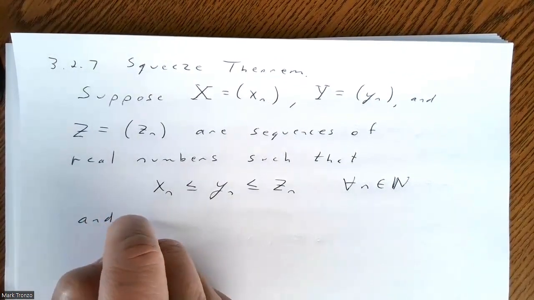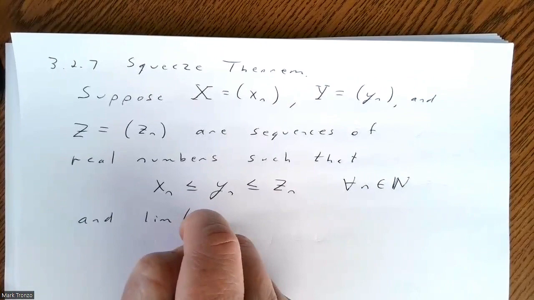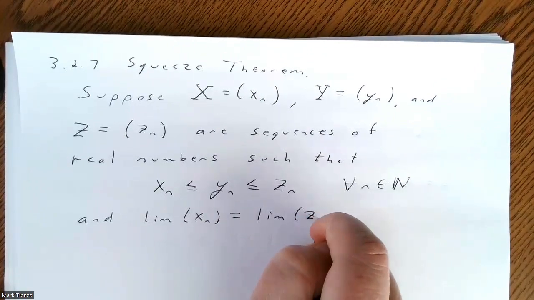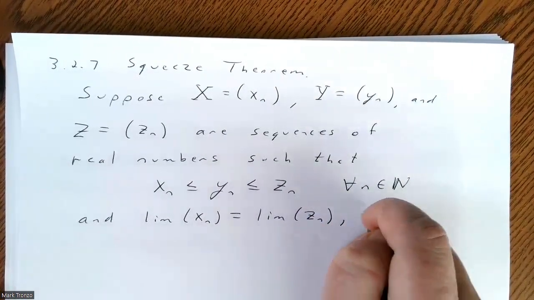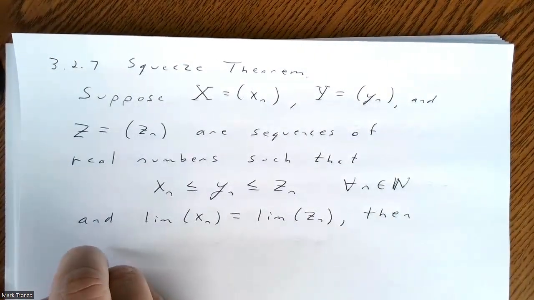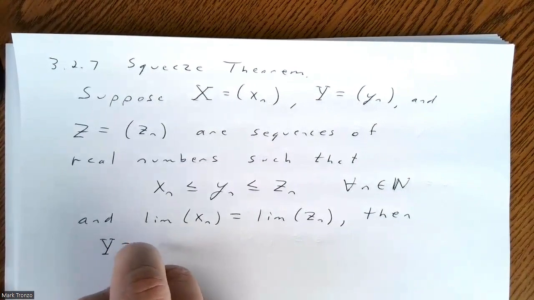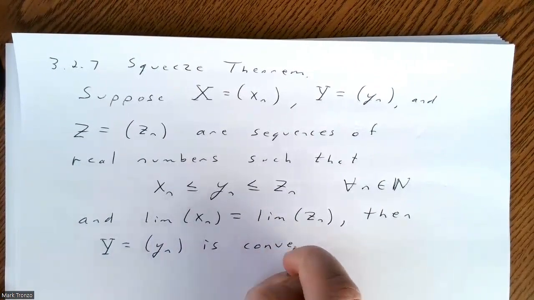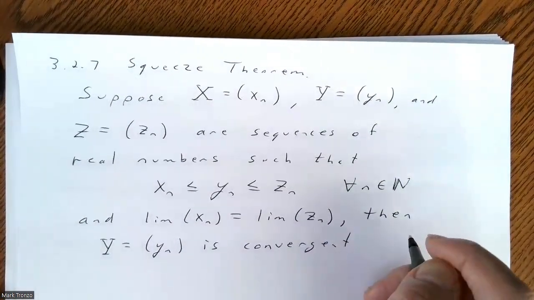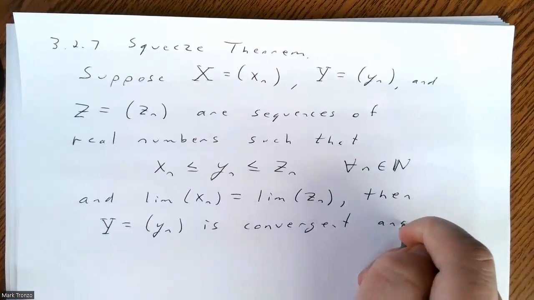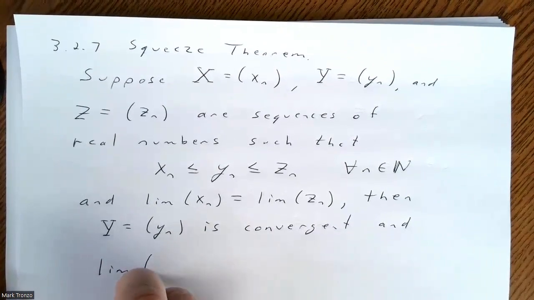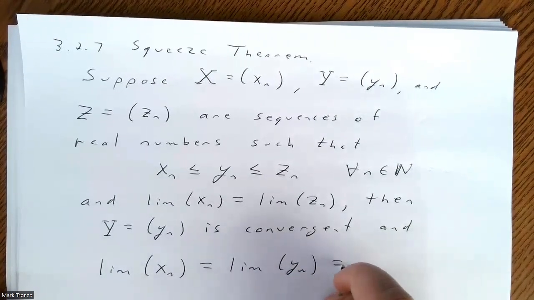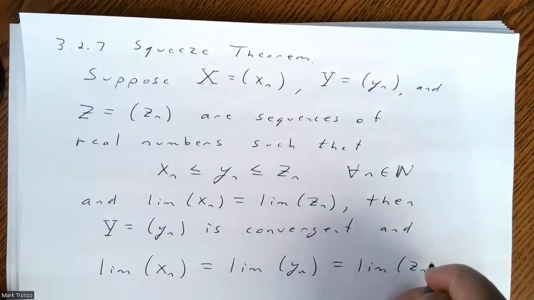And if the limit of Xn is equal to the limit of Zn, then the sequence Yn is convergent, and the limit of Xn equals the limit of Yn equals the limit of Zn.